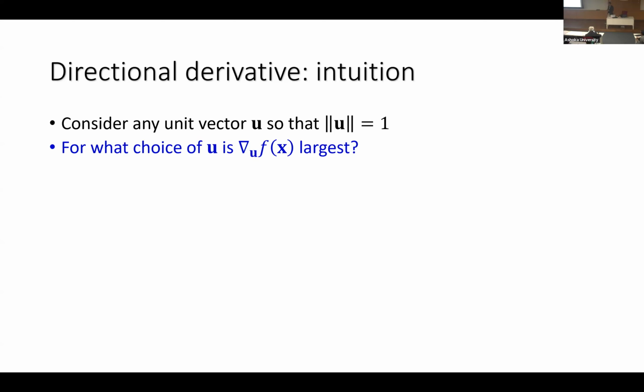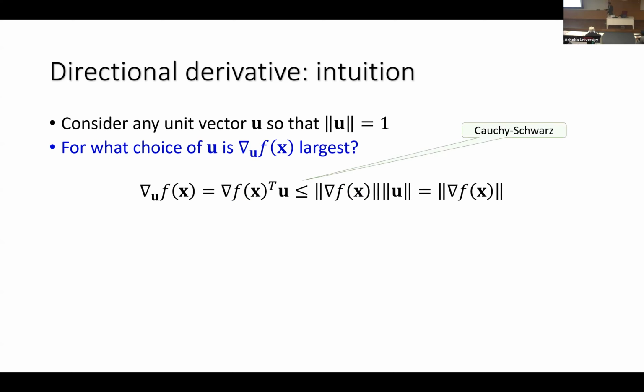This is also an optimization problem essentially. We are trying to find the u along which the directional derivative is largest, without using an optimization algorithm. I'm just trying to solve it analytically. So the directional derivative along u is the inner product of gradient and u, and apply Cauchy-Schwarz. So norm of gradient times norm of u, and norm of u was already 1. So this is bounded by the norm of the gradient.